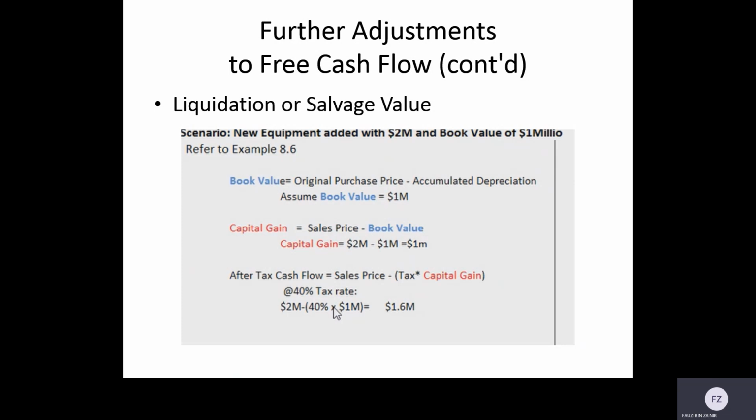So even if the company were to sell it at $2 million, it has to pay tax of around 400,000. In other words, the after-tax cash flow is the sales price of 2 million minus the tax on the capital gain, which is $1.6 million. That is the $1.6 million you have to build into the free cash flow, which we'll show later on.